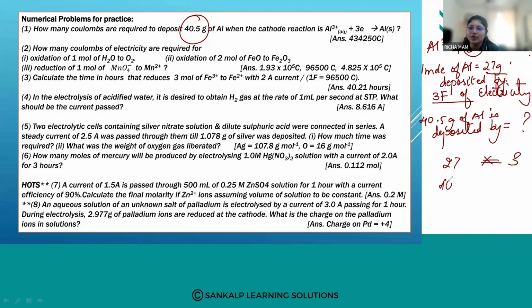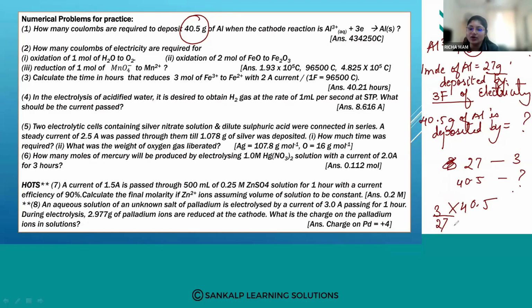So it is 3 into 40.5 divided by 27. Understood? Cross multiplication. For 27 grams, 3 Faraday. So for 40.5, how much? 3 by 27 into 40.5, into Faraday.